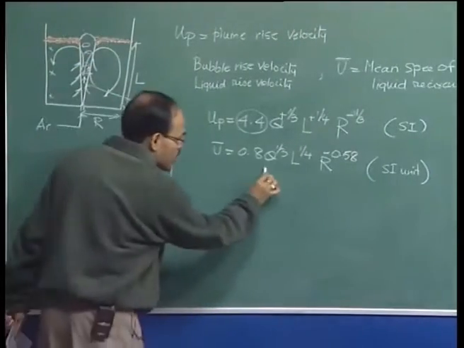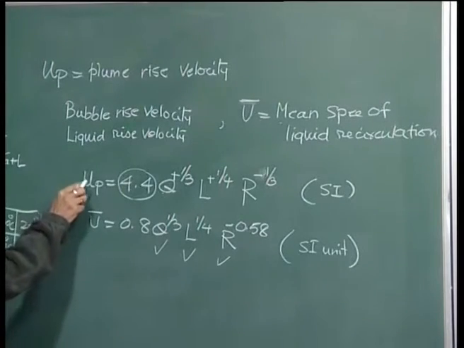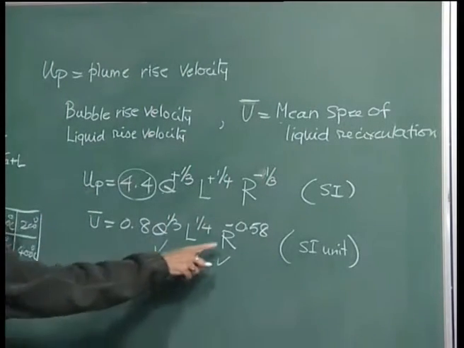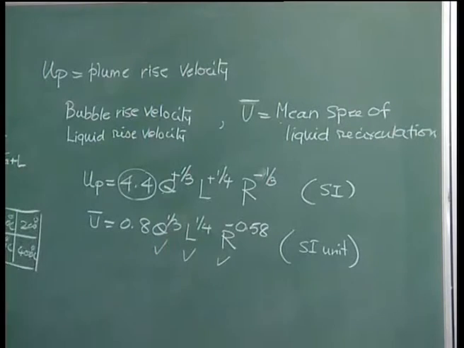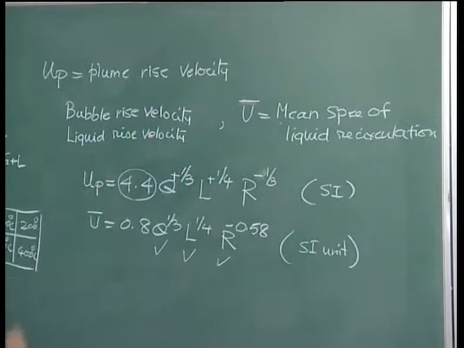The same sort of functional relationship one can see here, that both average velocity and plume rise velocity are offset by any increase of the vessel radius. On the other hand, by increasing the gas flow rate and liquid depth, we can increase the rise velocity as well as the mean speed of liquid recirculation.